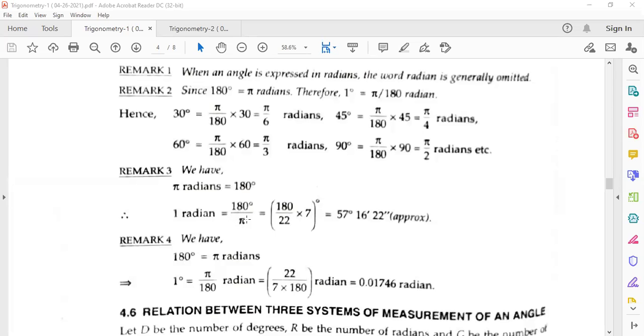Do you have an idea about the rational number and irrational number? Yes sir. Which is called rational number? rational number किसको बोलते हैं? p by q के रूप में लिख सकते हैं सर.